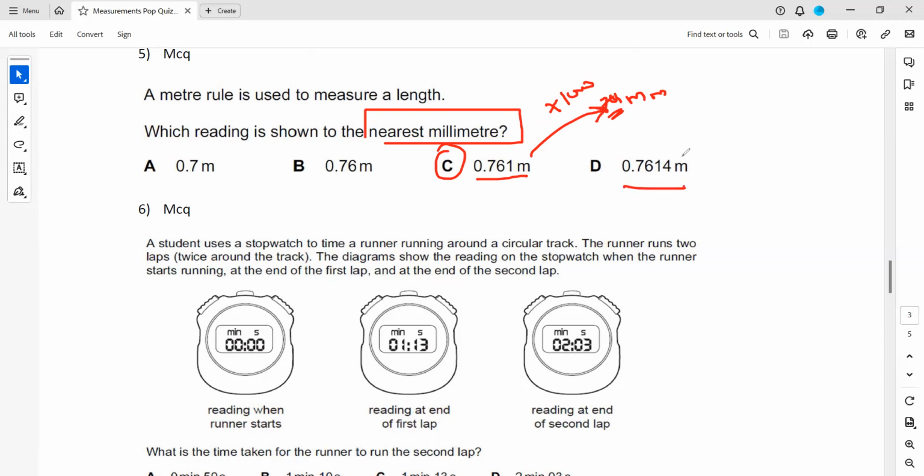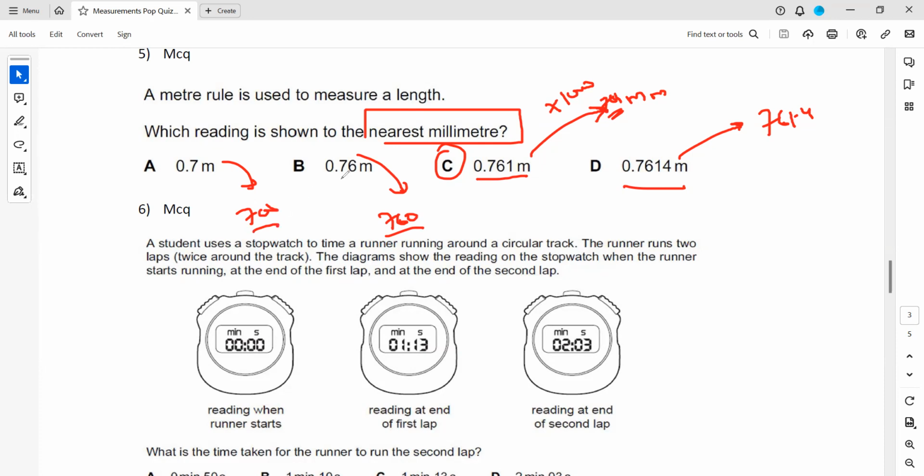Why is this not correct? Because if I multiply by 1000, I will get 76.1, not the whole number. Here, I'm just getting 761.4. Here, when we multiply by 1000, we get 760. Here, when we multiply, we get 700.